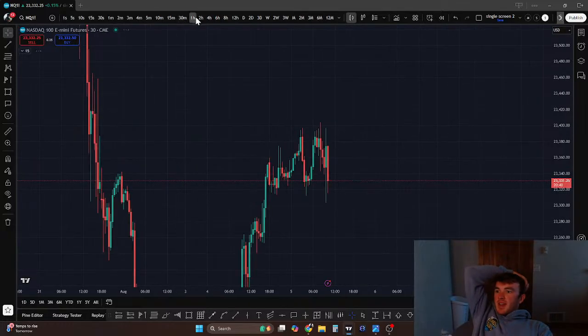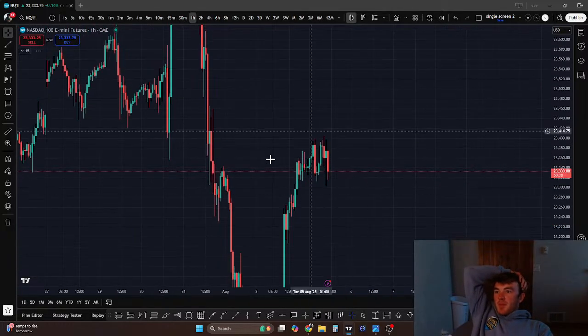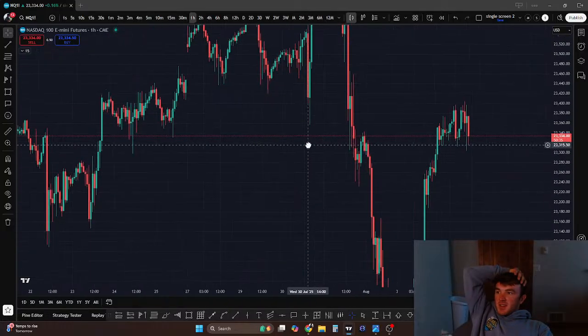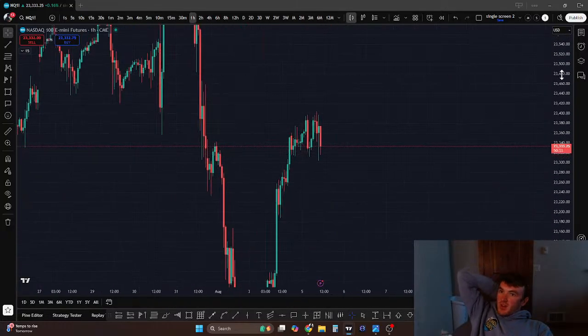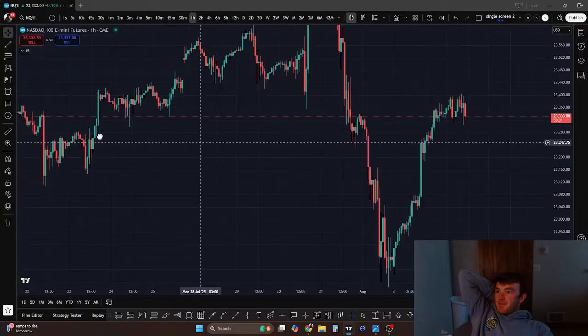So yeah, I kind of want to get higher time frame bias. I think a big reason why we're stalling is because we really are trapped between bulls and bears right now.